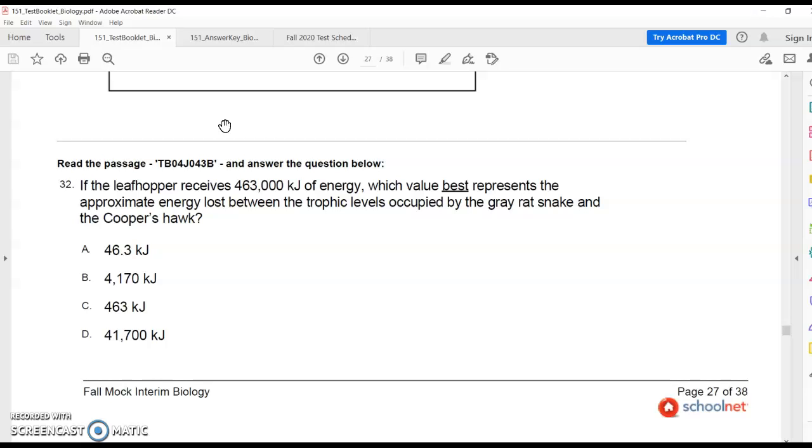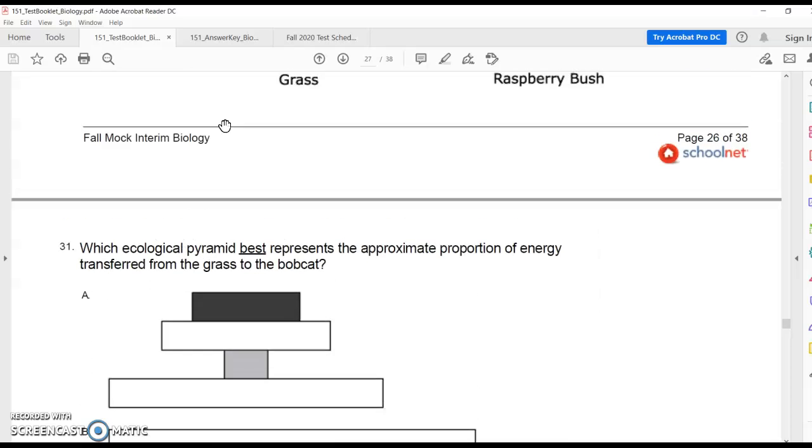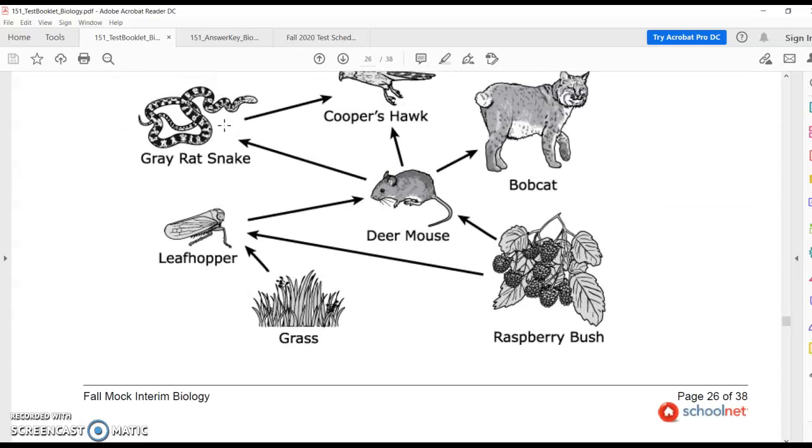And then in the model from the leafhopper would be the deer mouse. And the deer mouse would only receive 46,300 kilojoules of energy. The gray rat snake would receive 4,630 kilojoules, and then the hawk would receive only 463.